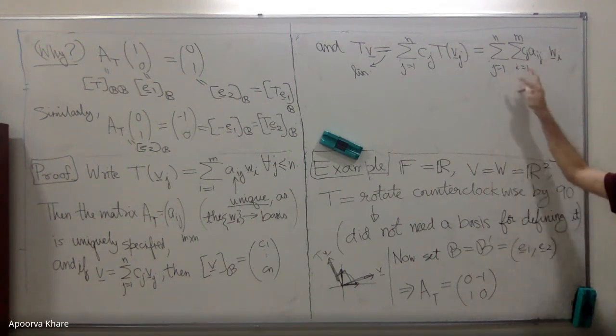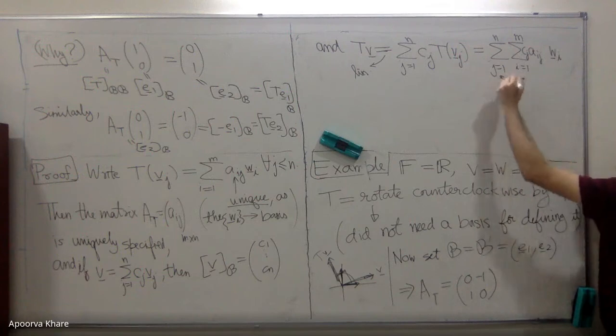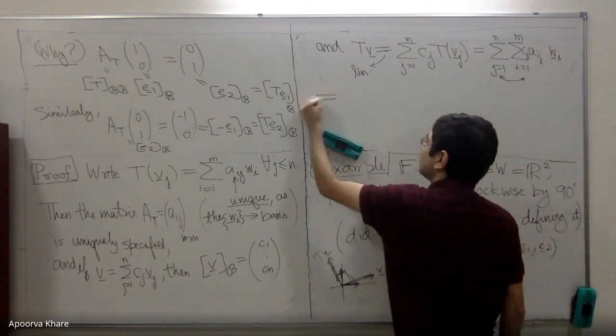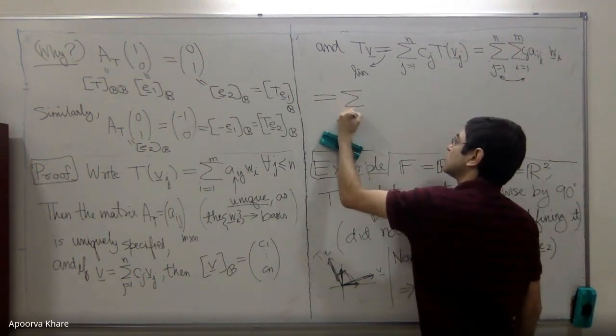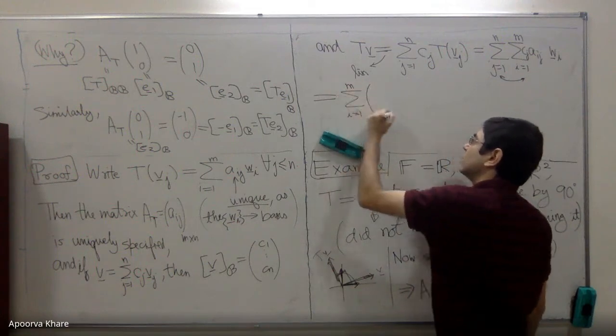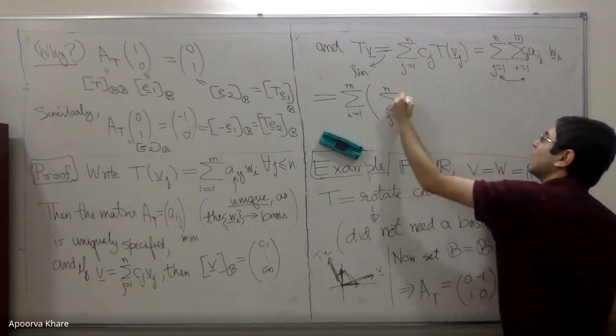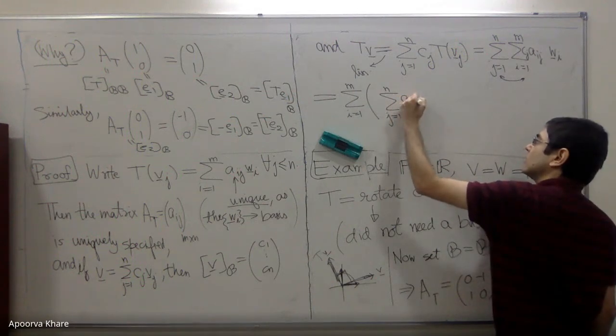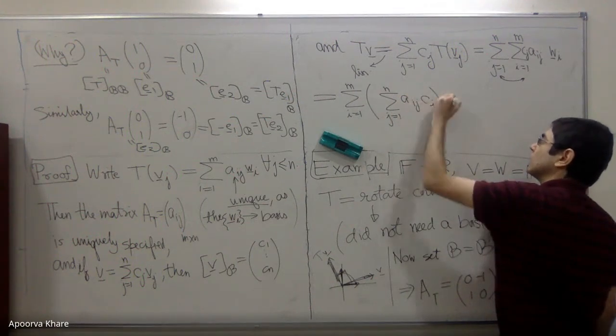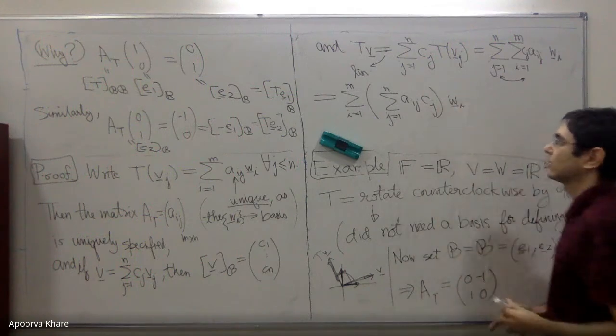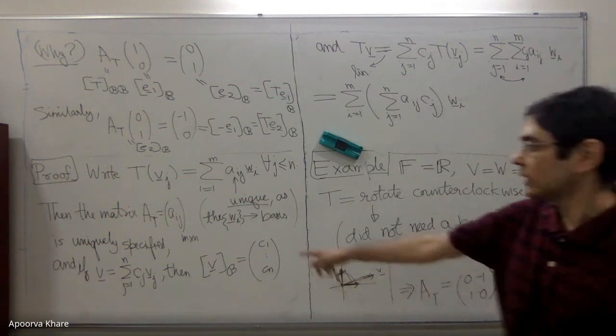But now all I do is interchange the two summations. These are finite sums, so you can interchange without any fear. So i goes from 1 to m, j goes from 1 to n, and I will write down Aij Cj Wi. So what are the coordinates of T of V?